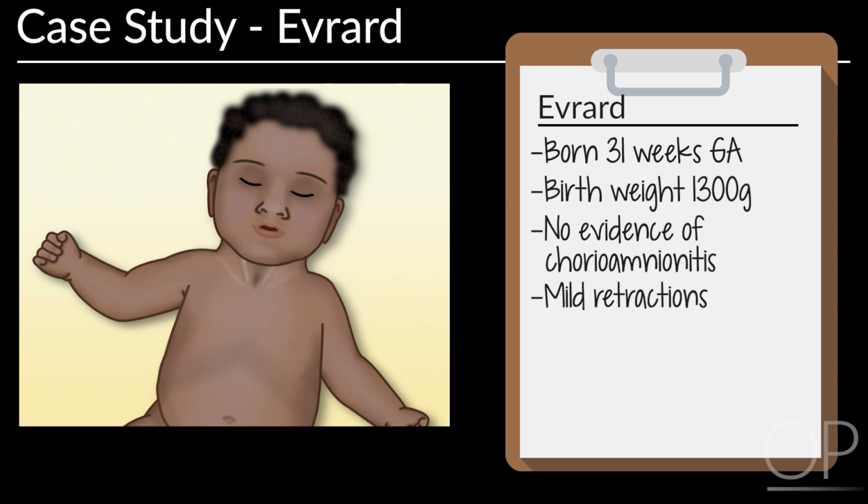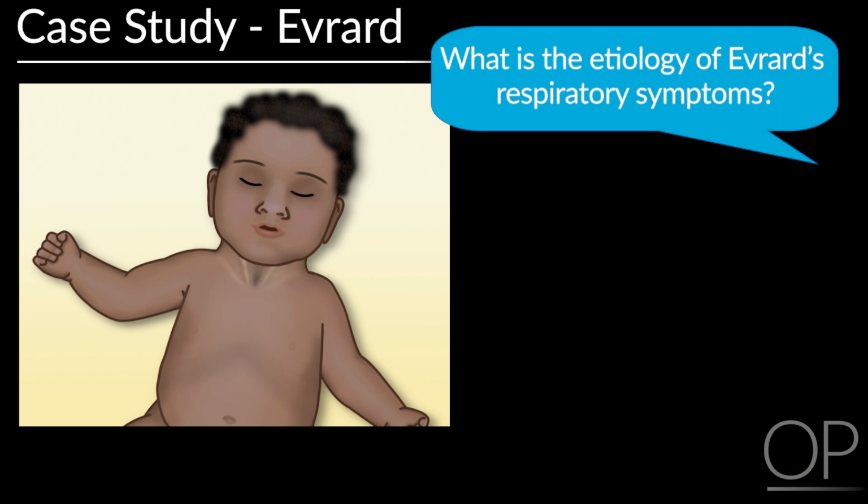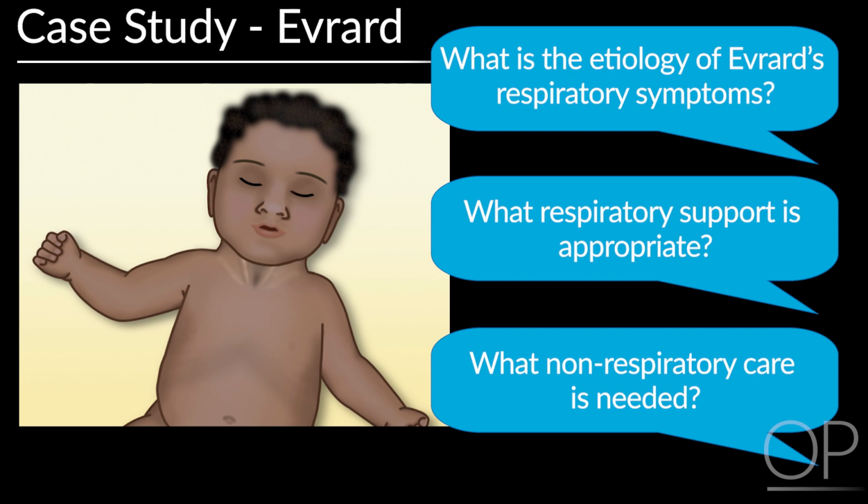He has mild retractions, a respiratory rate of 80 breaths per minute, and an oxygen saturation of 88%. What is the etiology of Everard's respiratory symptoms? What respiratory support is appropriate? What non-respiratory care is needed?